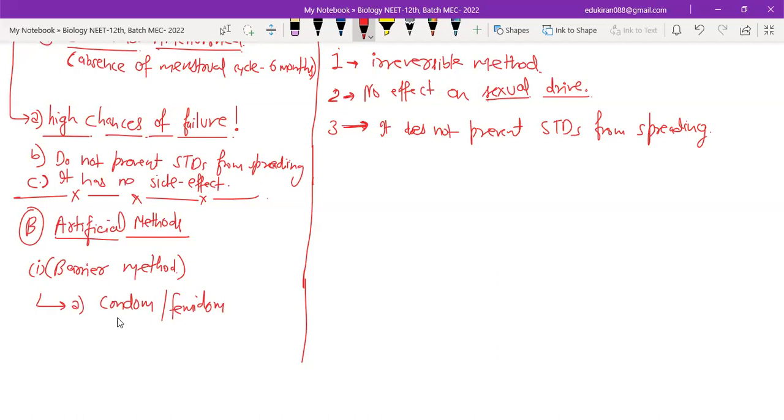The first one is a condom or femidom, which is a thin latex sheath used to cover the external genitalia.